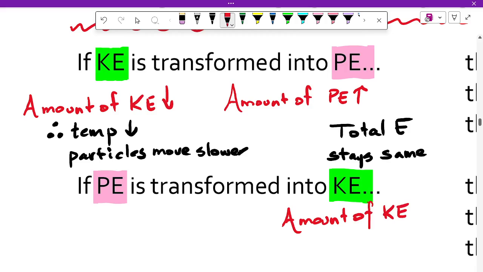Increase or decrease? Increased. And therefore, what's going to happen to the temperature? Temperature is going to increase. It's going to get warmer, and the particles will move faster. But again, the total energy is staying the same.